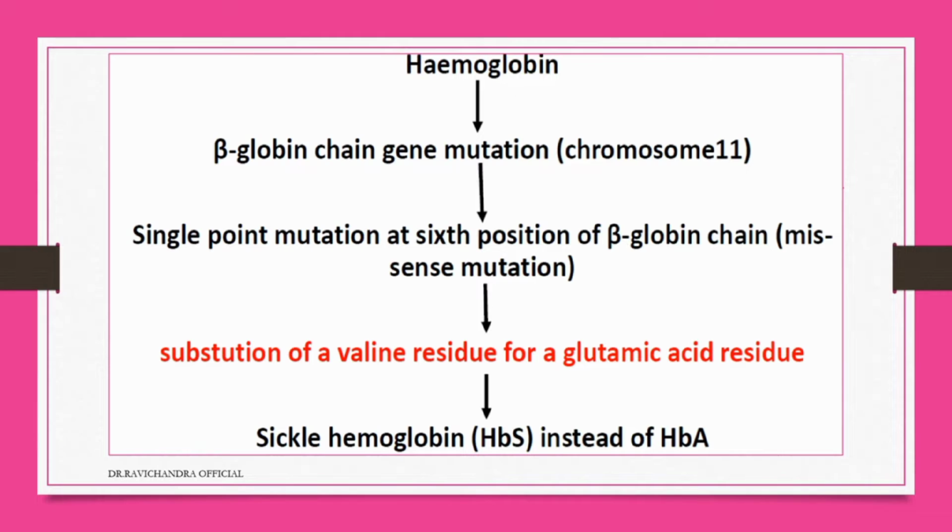As a result of this missense mutation in the sixth position of the beta globin chain, there will be a substitution of valine residue for a glutamic acid residue. That is, glutamic acid is replaced by valine. As a result, hemoglobin S or sickle hemoglobin will be formed instead of hemoglobin A.